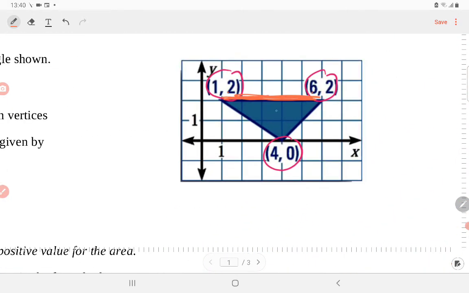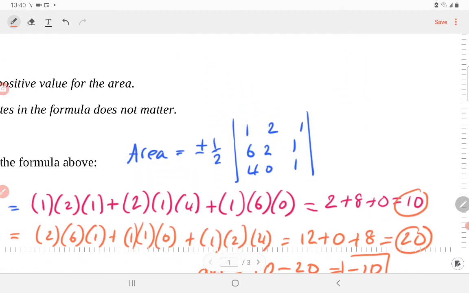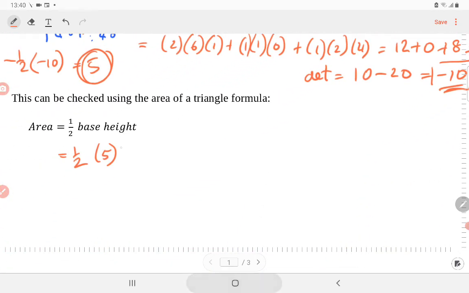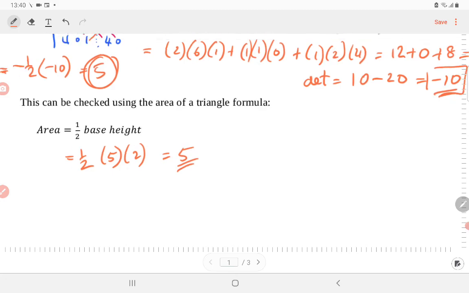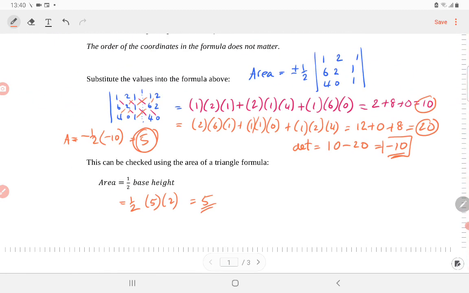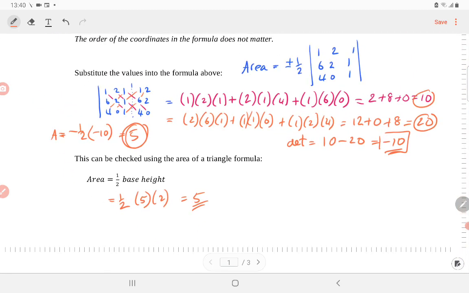Okay, go back. And so the height of your triangle is 2 units. Okay, so that would be 2. And 2 5s are 10, divided by 2 is 5. So that's just a way to check, but not every question is easy to check like that. Okay, so that's how you find your area of a triangle using the determinant.